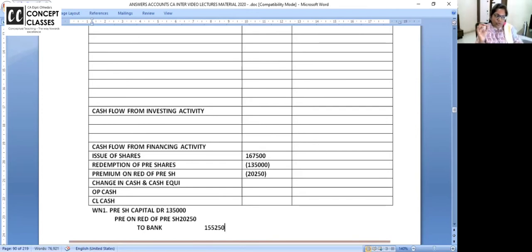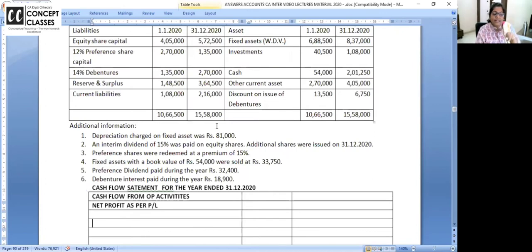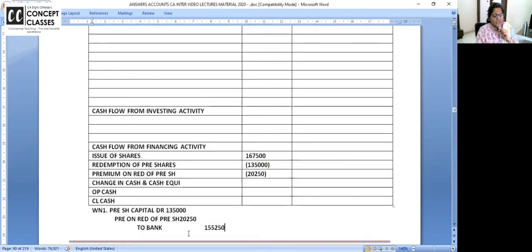Now here there is a googly which you need to interpret properly. Preference share capital was 270 in the balance sheet. Now it has become 135. Money has gone from the bank. This premium, is it my expense or outflow? Extra. Have I paid extra? Yes. Is it an outflow? Yes. And it's not coming anywhere. Definitely this must have been debited in the P&L account. Yes or no? This premium on redemption of preference shares, somewhere you must have debited in the P&L or P&L appropriation account. But then you're already showing outflow in the financing activity.